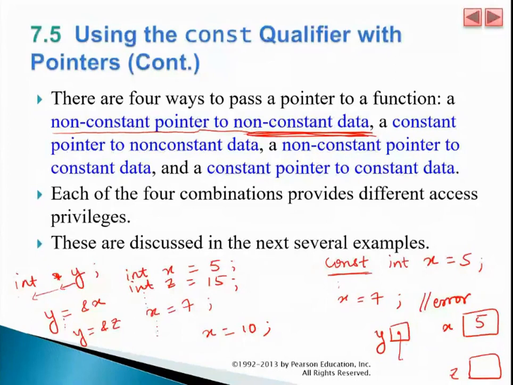Now it is pointing to z, and 15 is stored here. This is called a non-constant pointer, meaning during the execution of the program, I can change where the pointer is pointing to. Are you getting my point? Yes, ma'am.